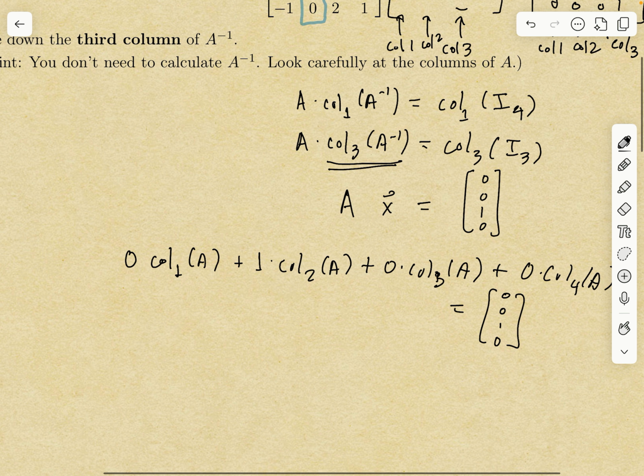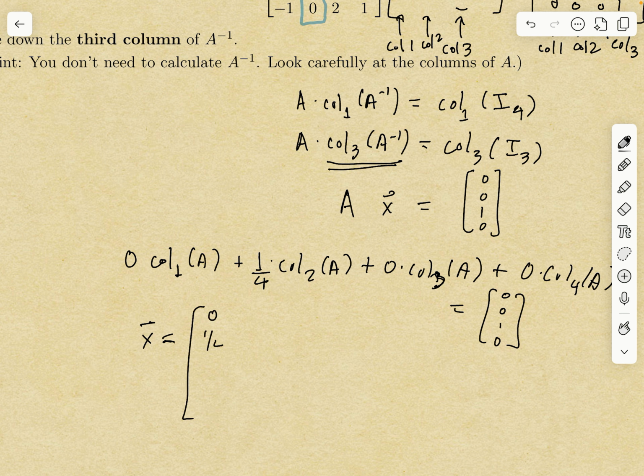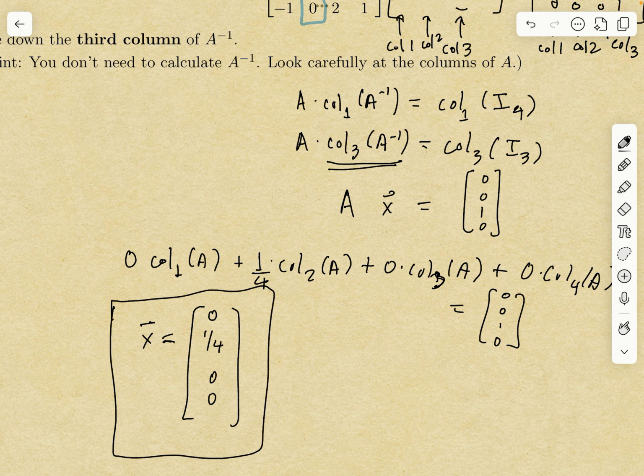Right? And so what is x going to be? x is going to be 0, 1/4, 0, 0. That's the third column of A inverse.